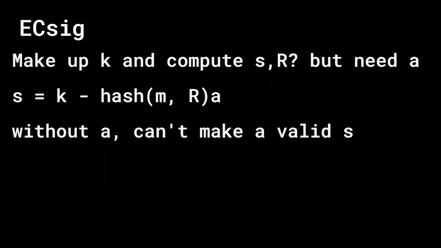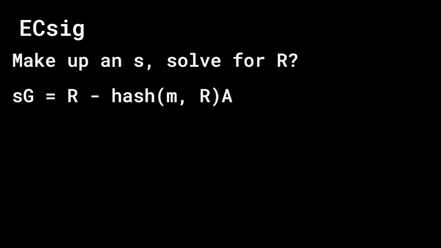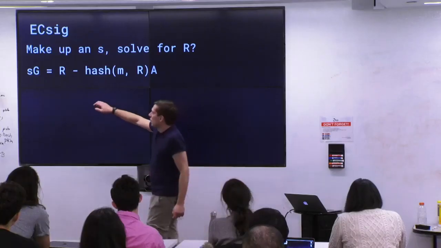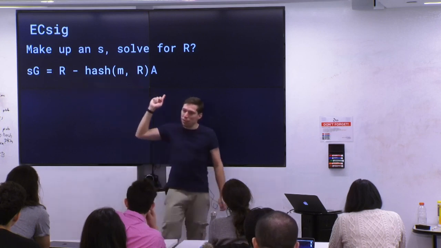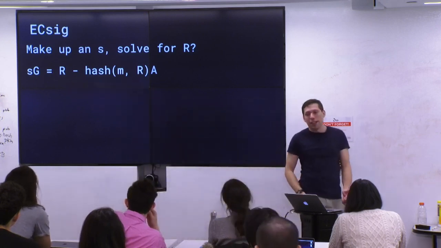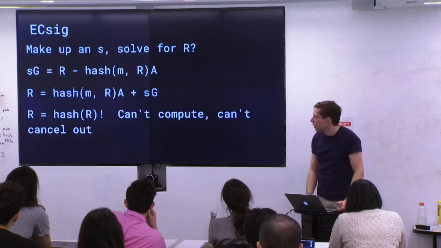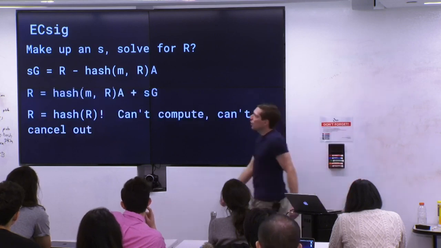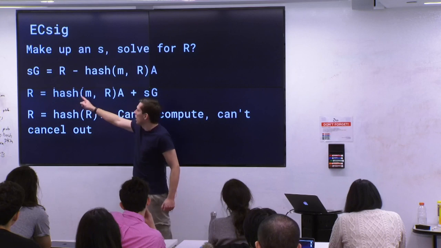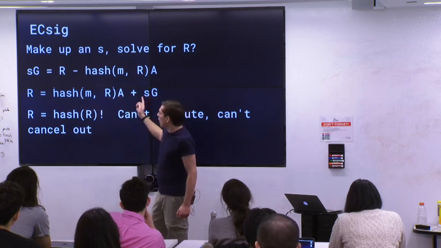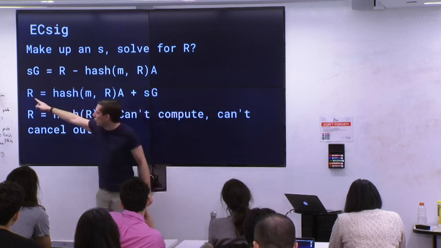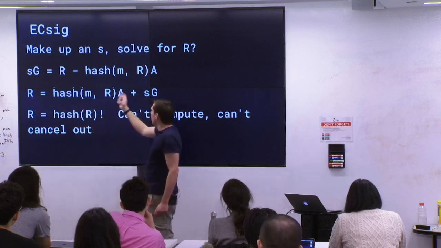I can try to grind through hash functions, but it won't work. The basic problem is if I make up an S and solve for R, I can say, well, I know what R is, but the thing is, R is in the hash function as well. It's the one-wayness of the hash function that actually breaks this. So let me solve for R. Well, R is the hash of M and R times A plus S times G. If I can come up with a valid R here, I can do this.